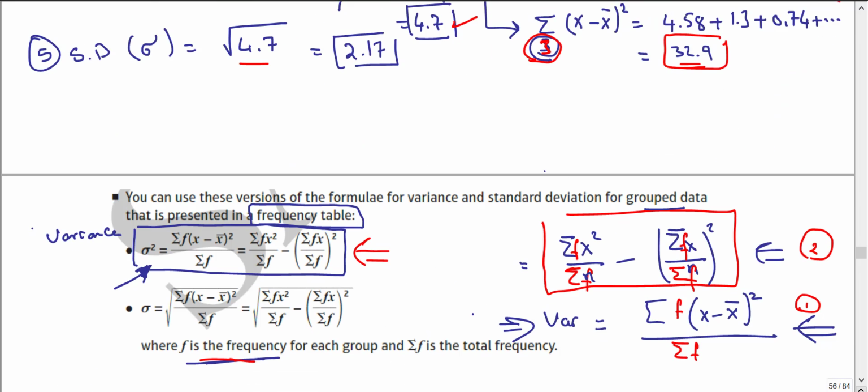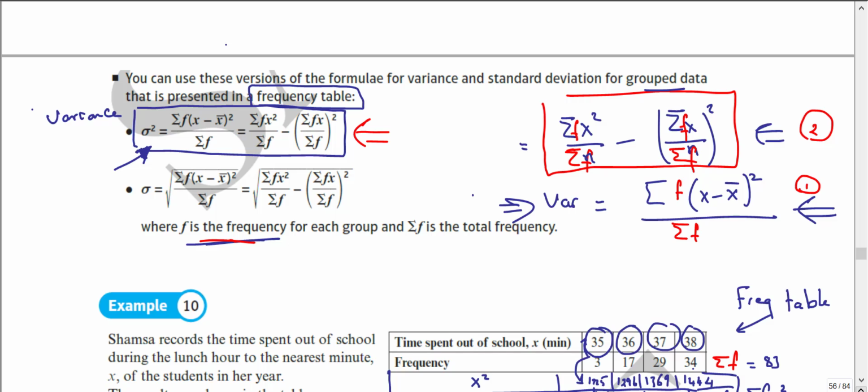When you have a frequency table, you use this form. So it's not sigma x squared over n minus sigma x over n all power 2. No. We do it sigma f x squared.